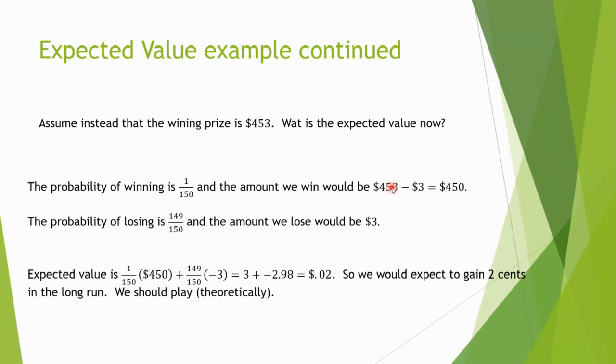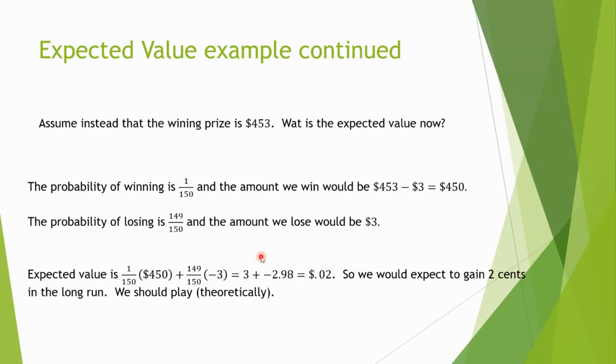We lose the $3 from buying the ticket, so we end up with $450 as our winning prize if we win. And again, the probability of that is 1 in 150. You could write that as a decimal, but you don't have to. The probability of losing then is still this, and the amount we would lose would still be $3.